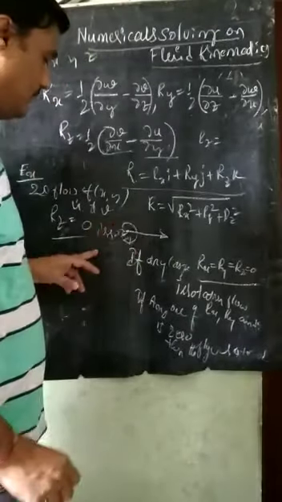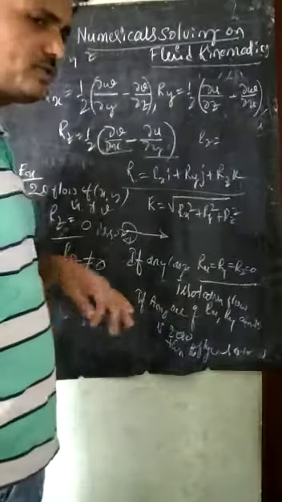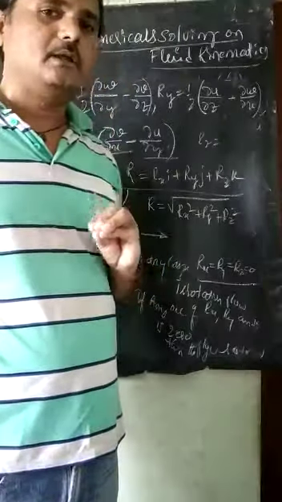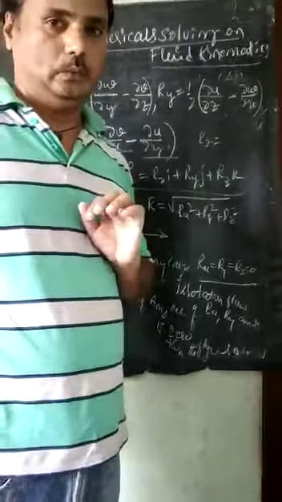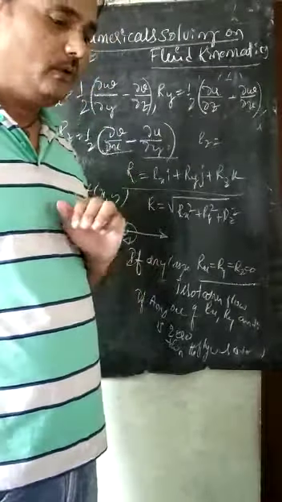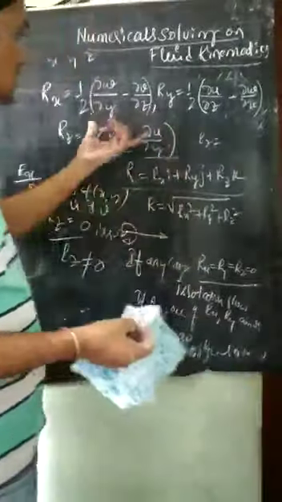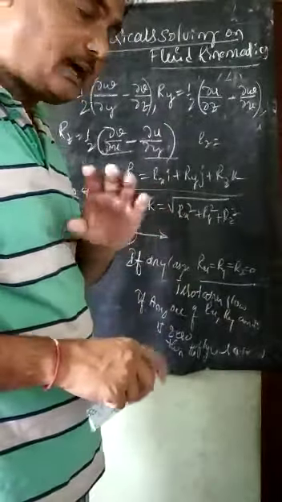If Rz comes not equal to 0, some value, then it is rotational flow because rotation has some value. This is how the rotational components are used to solve numericals in fluid kinematics.